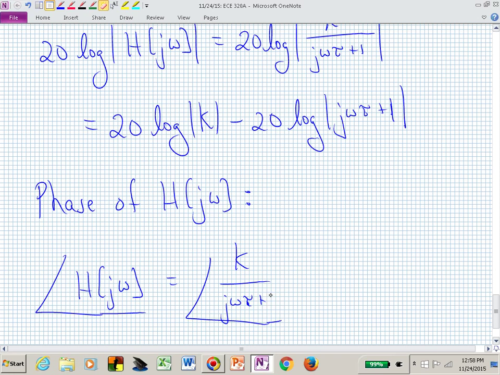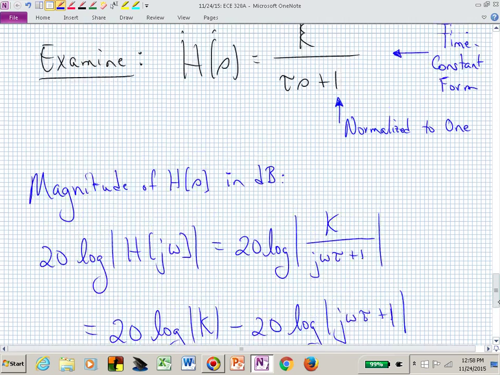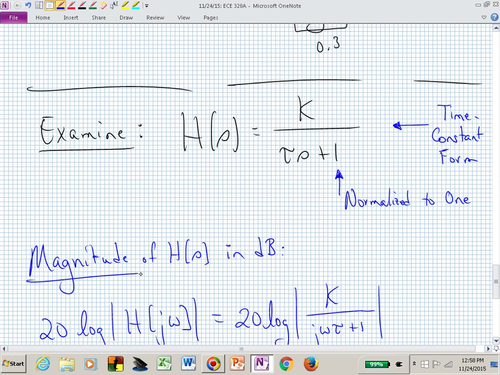Now the phase: the numerator terms add, the denominator terms subtract, so that now I have the phase of the numerator minus the phase from my first order denominator piece. And again, I have two terms that I need to worry about from this particular transfer function that I started with.